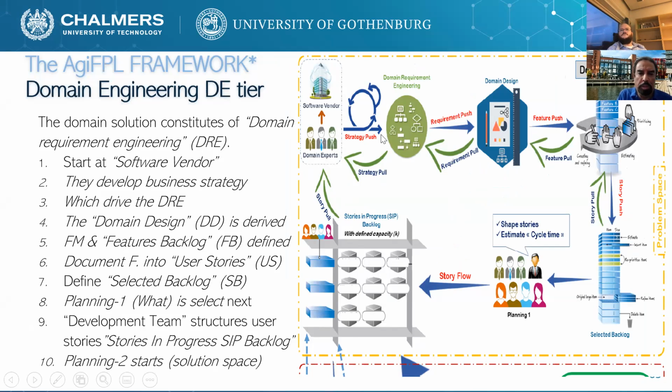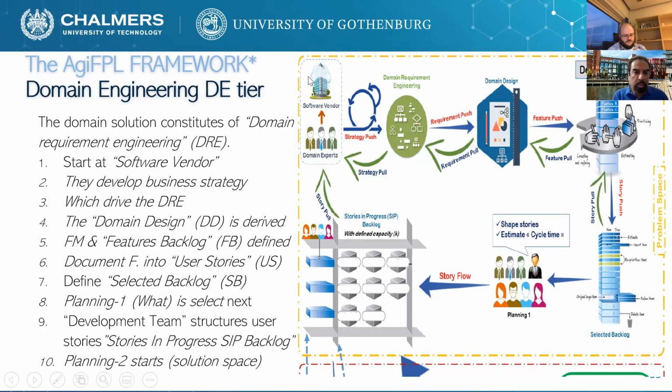Even when you do feature modeling, even when you create a new feature, you still can use the same principles of Agile to come up with the feature model, to come up with domain design, to come up with the feature backlog. This is the features backlog. You treat it like we treated any story backlog or use case backlog.